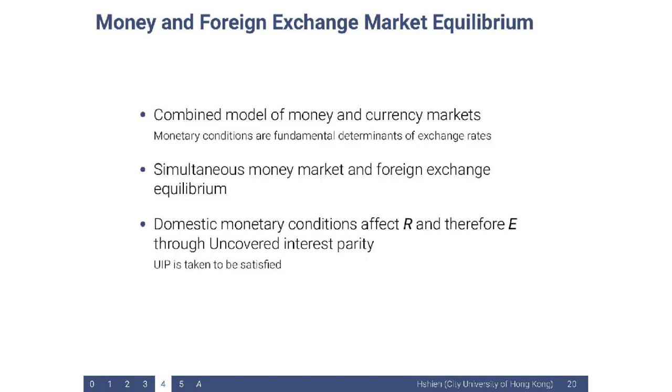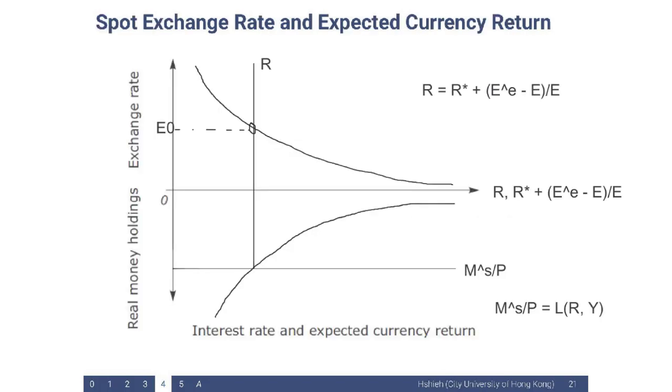So let's see what that looks like. What I've done here is rotated the money market graph clockwise so that the shared axis between the UIP plot and the money market plot is now interest rates. So let's denote this as R star, E hat, (E minus E)/E.